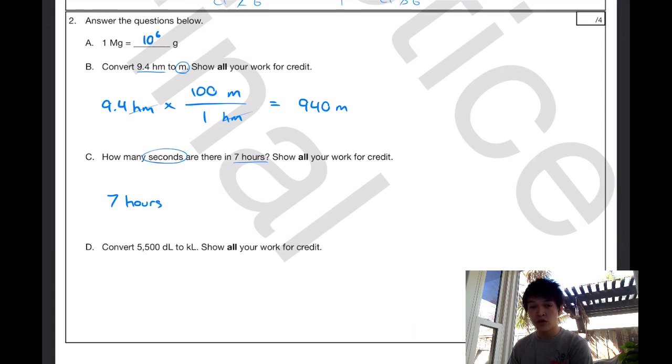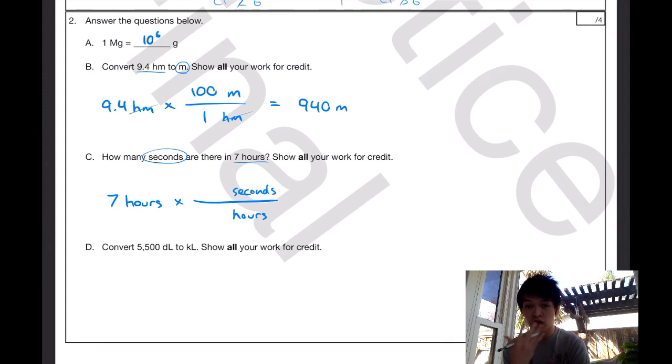Alright, we are doing a conversion, so times, draw a line. We usually start with the unit that we started with, and we write that on the bottom. So we write hours on the bottom. We're usually trying to write what we convert to on the top. We're trying to convert to seconds.